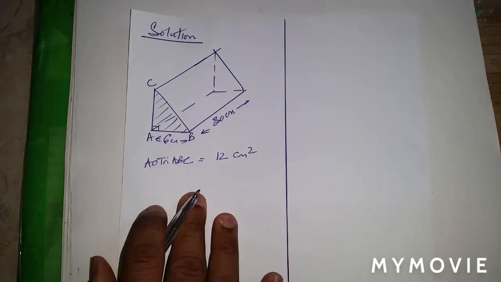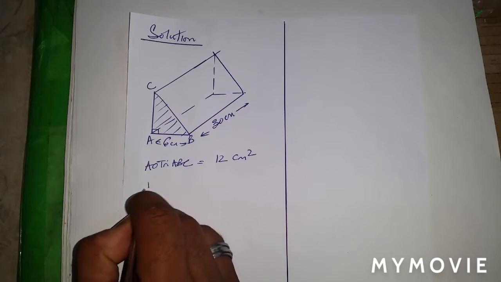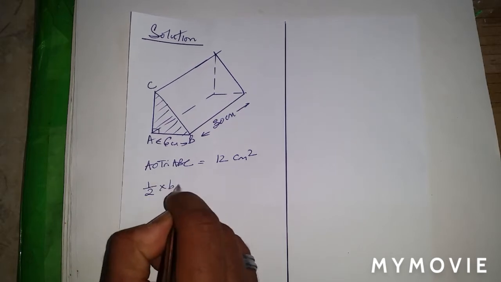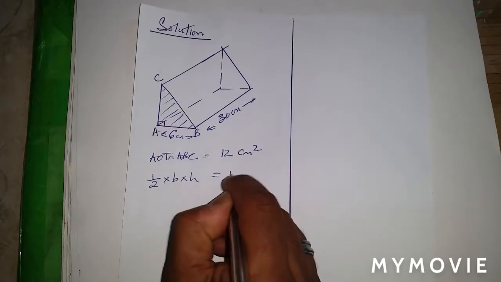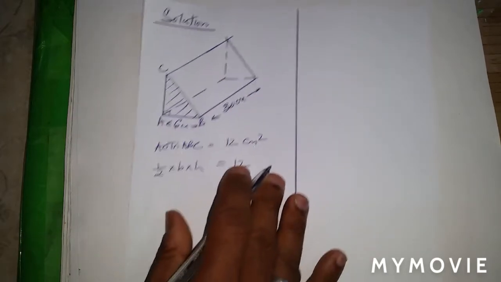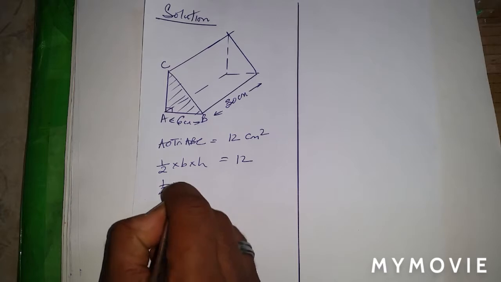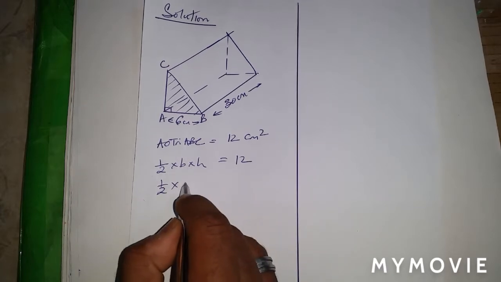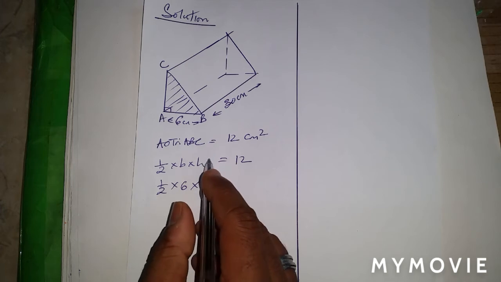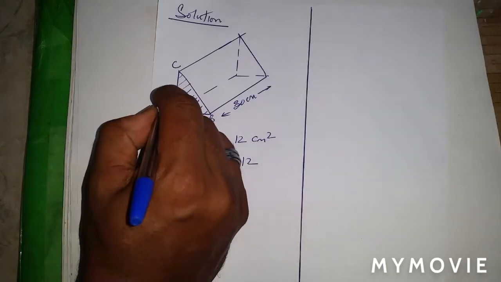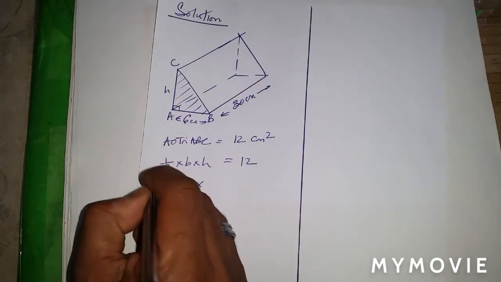Now it's a right angle triangle, so we could have used half times base times height, and when we work this out, we're supposed to get 12 centimeters squared. Now it's half times the base, 6, times the height, which is actually what they're asking us to find, the length of AC for the first part of the question.